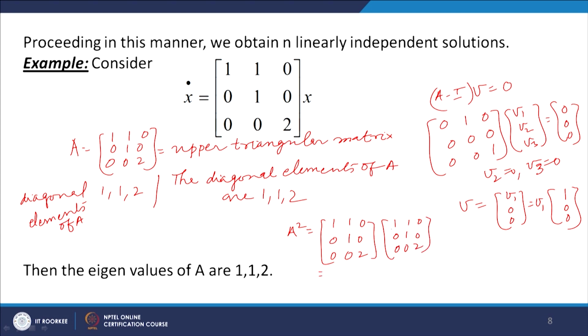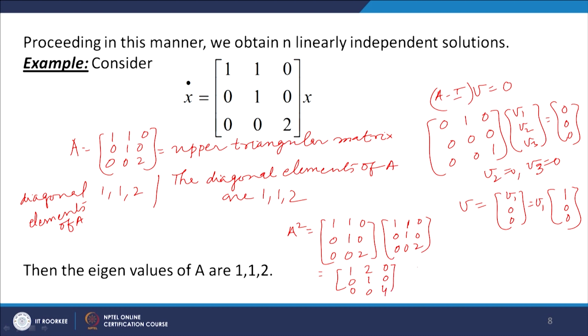So, what you get when you multiply, 1 1 0 with the first column gives 1, 1 plus 1, that is 2, and 0, and then the rest follow similarly.